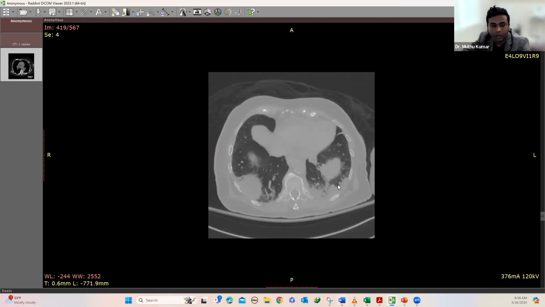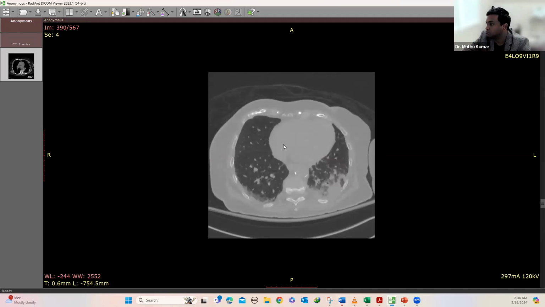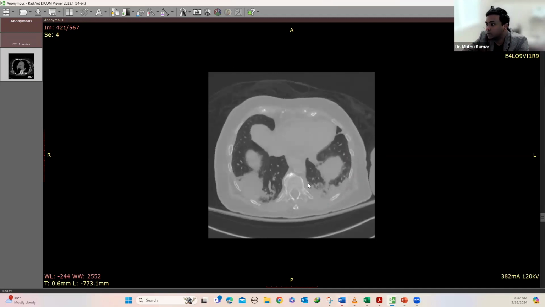This is a very non-specific finding. Mass-like consolidation in the peripheral lung parenchyma. We can think of organizing pneumonia. We can think of aspiration pneumonia. We can think of pulmonary vasculitis. So when we have these three findings, there isn't anything we can make out of CT. There is just mass-like consolidation.